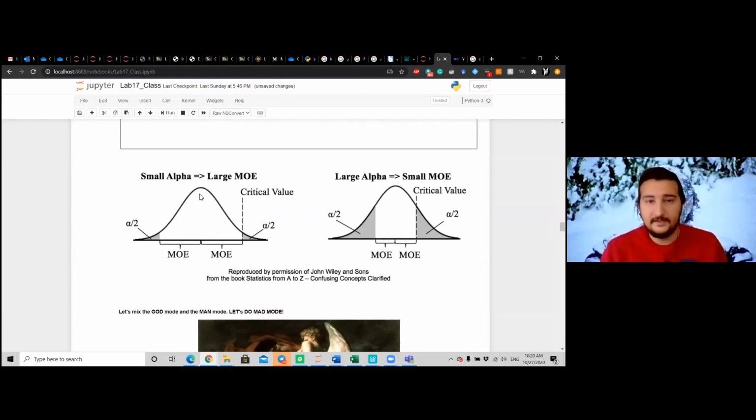Let's assume that we have a normal distribution like this. Do you remember what alpha was? Significance level. Yes.